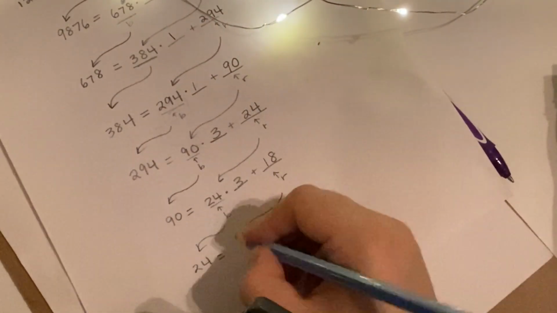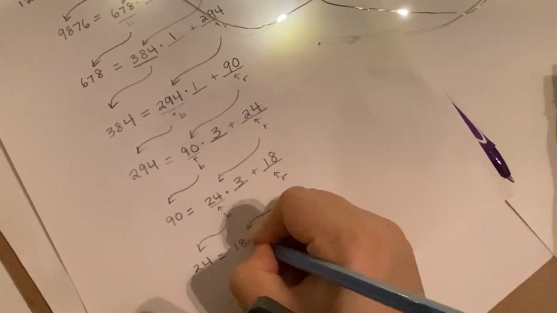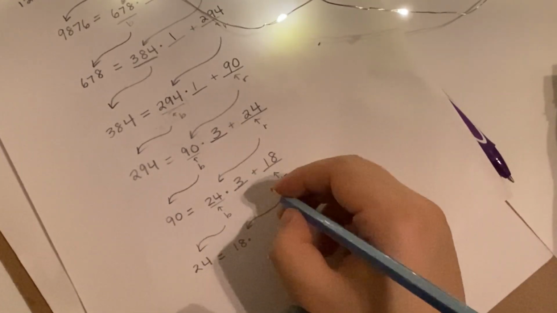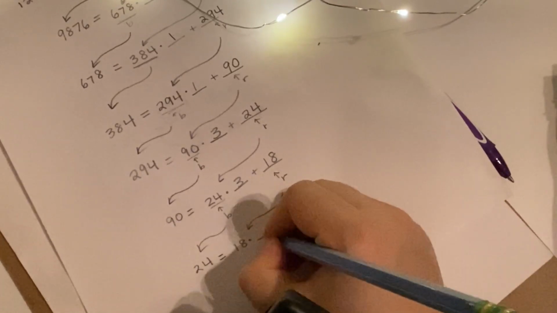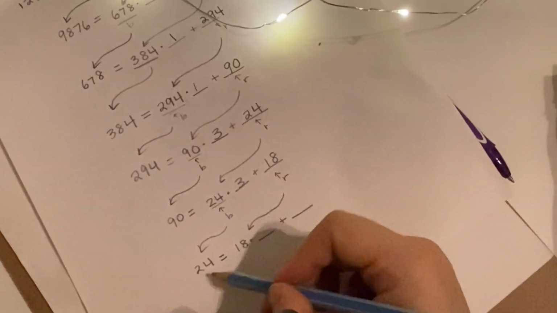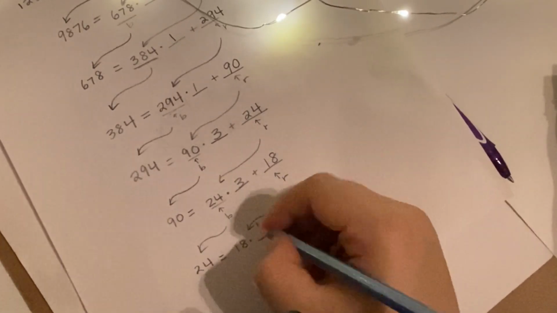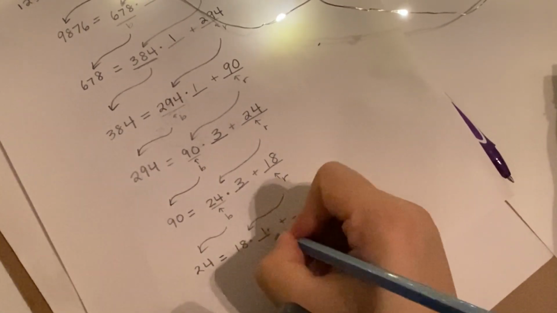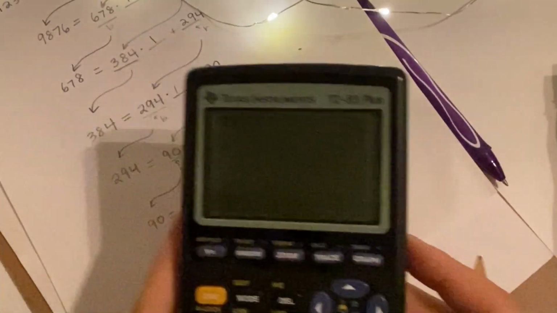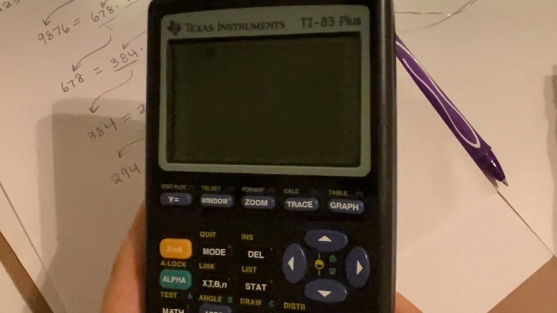So that's important, and that's actually part of the proof, that it indeed terminates. So 18 goes into 24 once. That's 18. And then 24 minus 18 is 6.